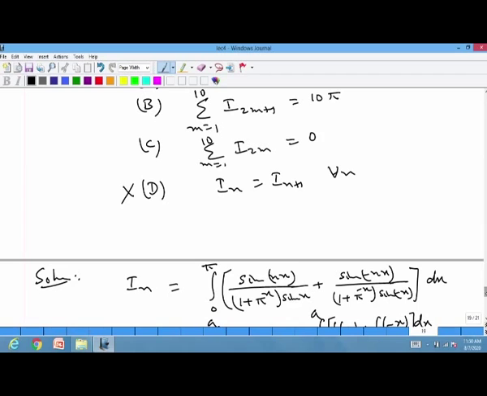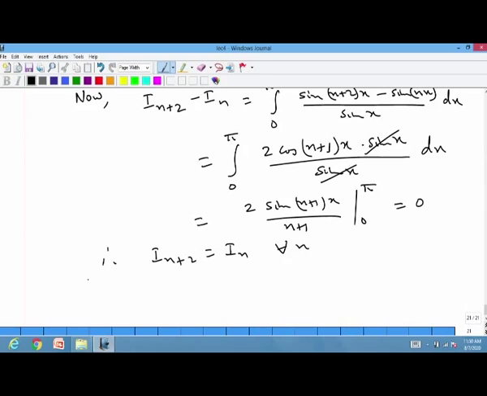Now, we also get B and C. Since we have already seen that I_0 is 0, we have I_{2m} equal to 0 for all m, and I_1 is equal to pi. So, I_{2m+1} is equal to pi for all m.